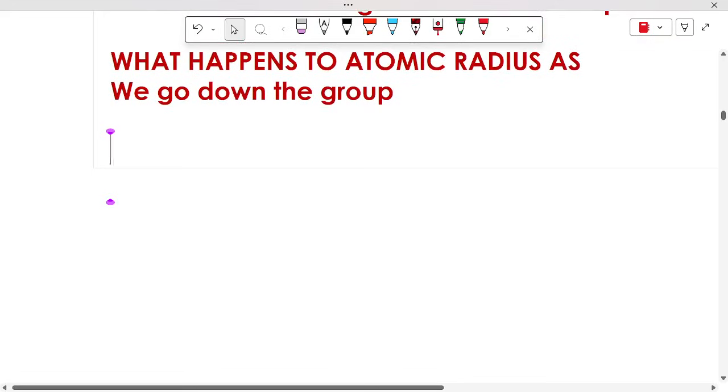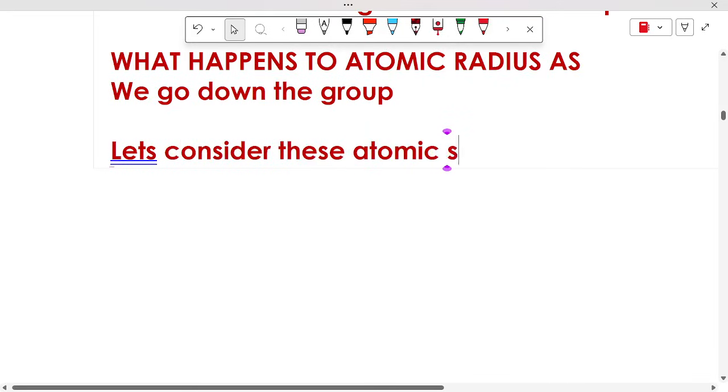To answer this question, let's consider these atomic structures. As you go down the group, we take hydrogen, lithium, sodium, potassium.